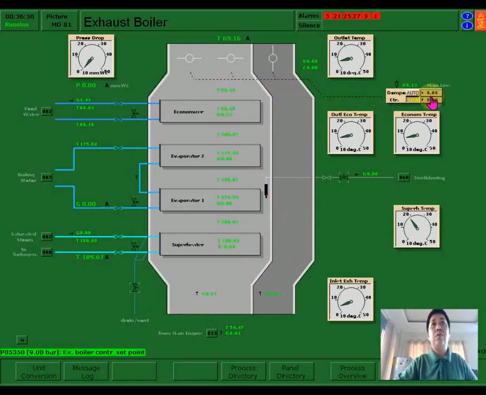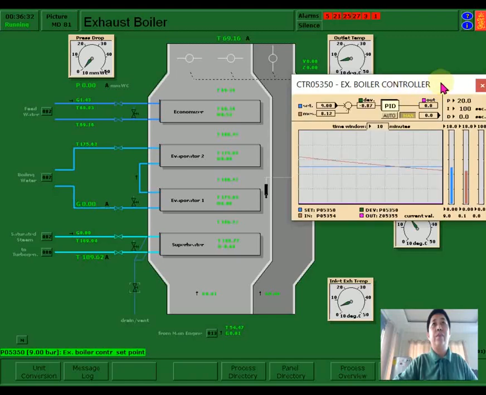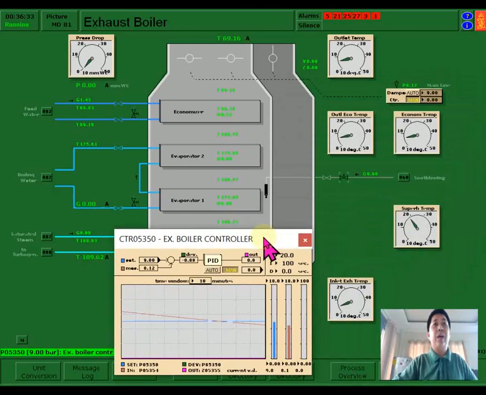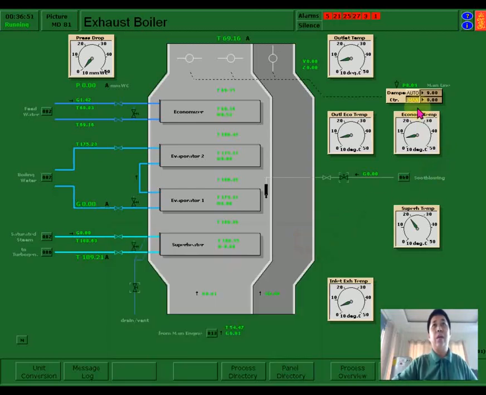So this is also a PID controller. We also use a PID controller here, which is proportional, integral, and derivative. And this is a feedback system. So there is a set point, a measuring point, and a derivative. So this is controlled by your PID control system.